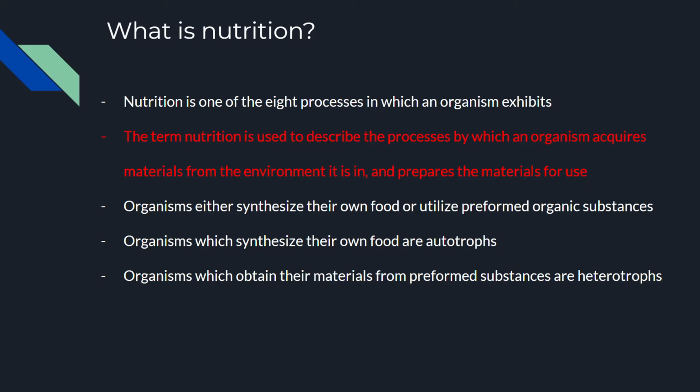Organisms which synthesize their own food are autotrophs. Organisms which obtain their materials from preformed substances are heterotrophs.